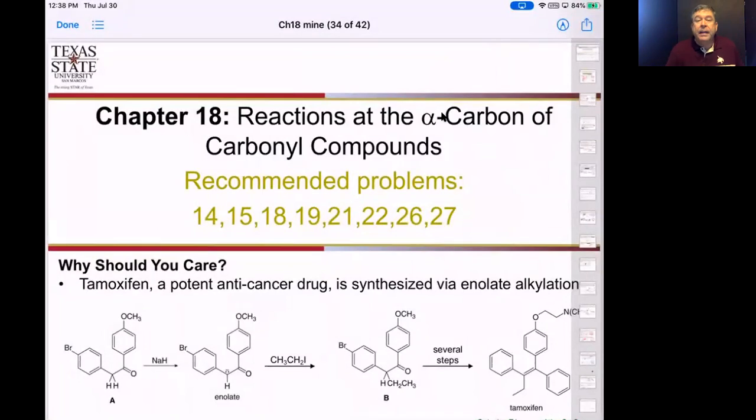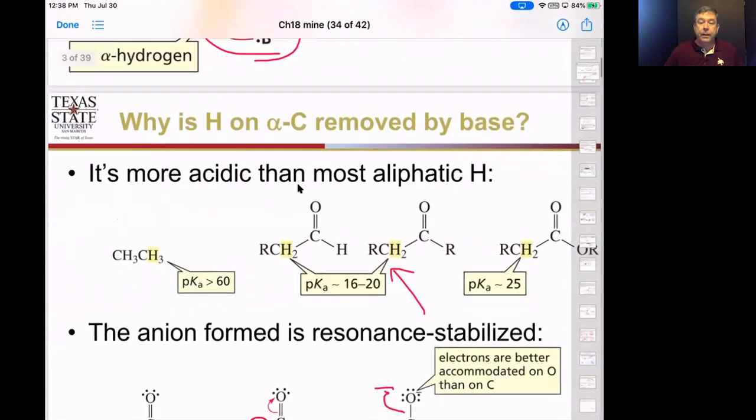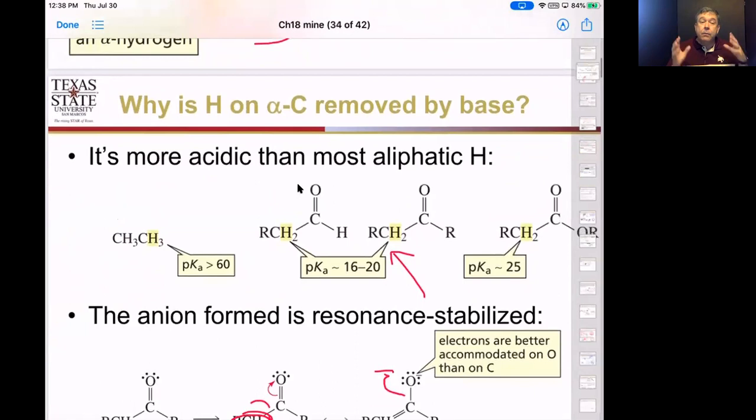Okay, so in chapter 18, the first thing we need to find is our acidic hydrogens, okay? So we need to remember there's a reason those are acidic. The reason they're acidic is the inductive pull from the carbonyl compound. So the more electron withdrawing, the more acidic it becomes, okay?